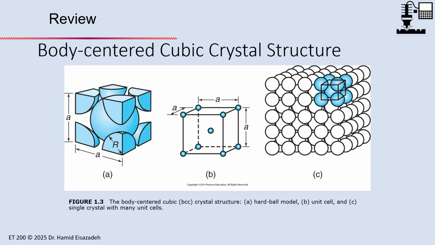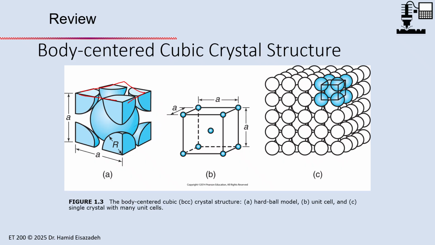And then we discussed the different types of crystal structure available in solid material, mostly metal. This is the BCC, which means body-centered cube. We have one atom inside the unit cell.